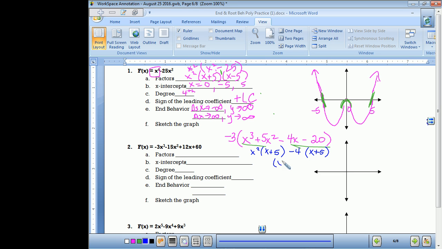So this gives me x plus 5 times x squared minus 4. When I put these two together, what can we do with x squared minus 4? Yep, it keeps going to the plus and minus. So it's x plus 2, x minus 2, and we can't forget that negative 3 we pulled out to start with.